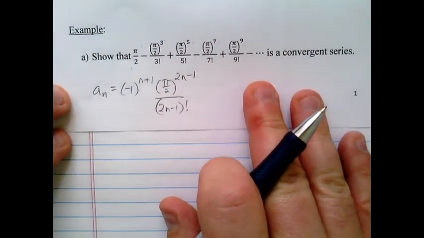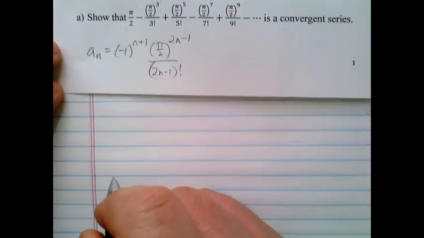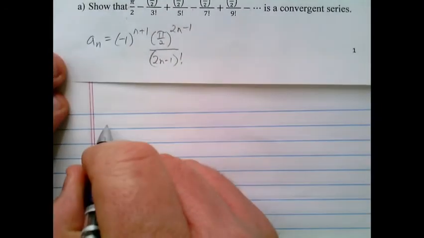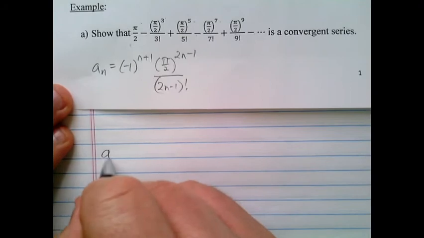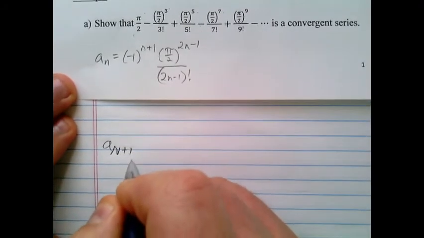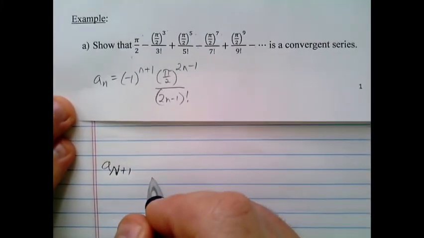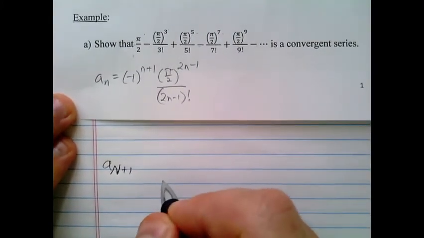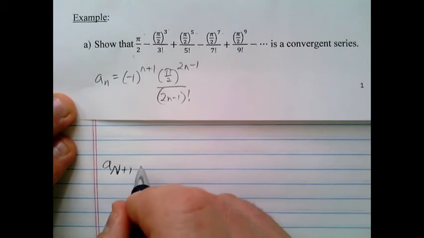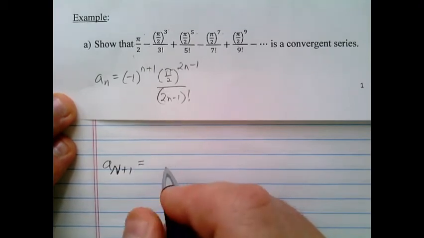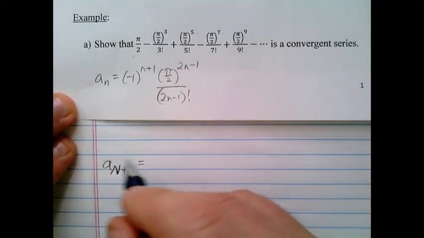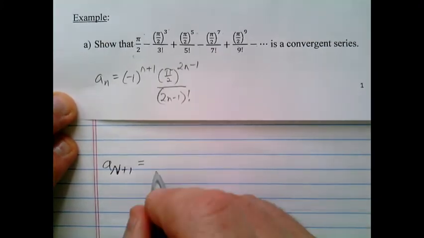If that's A sub n, then A sub n plus 1, so I'll use a capital N since we're now referring to a specific value of n that we need to figure out, rather than a variable value of n. I know that's kind of subtle. A sub n plus 1, well, we already kind of wrote this down when we did the ratio test.